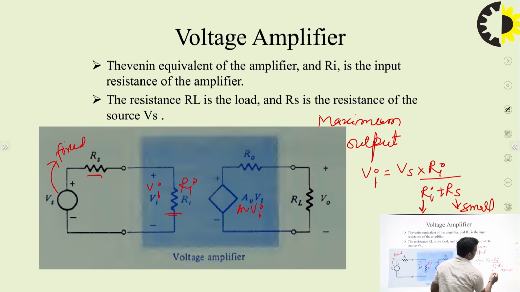So both things are equivalent or similar, like Rs should be as small as possible and Ri should be as large as possible.